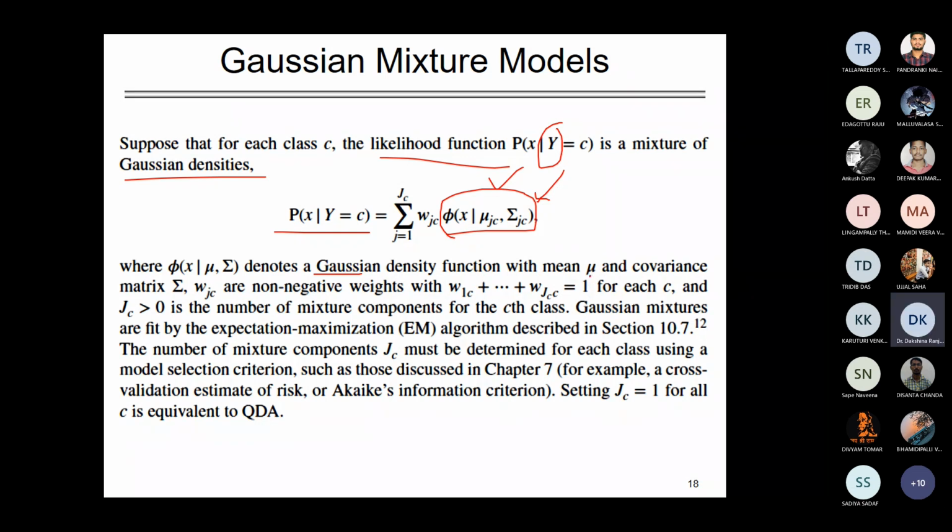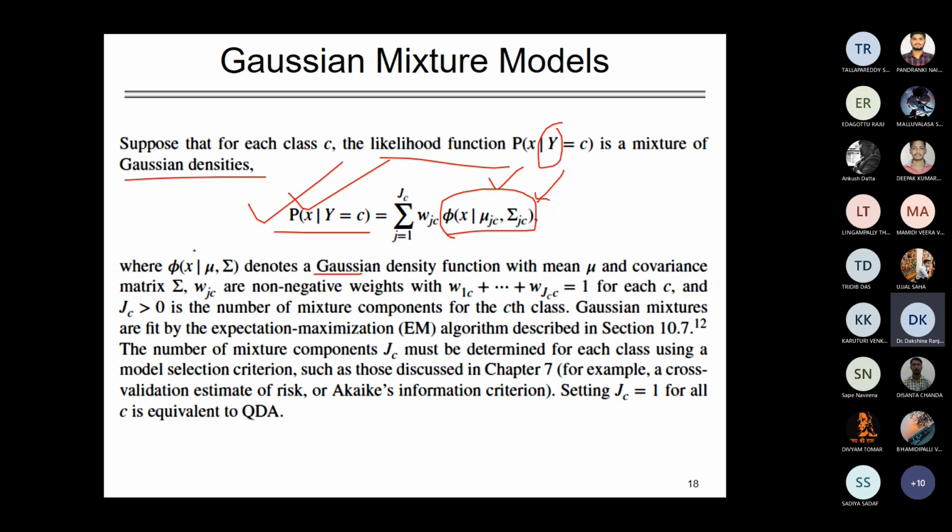Now we are considering these non-negative weights as well as JC number of mixture components for a particular class C. So this equation gives us the Gaussian mixture models.